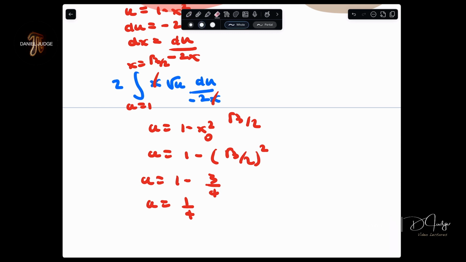So my upper limit now, in terms of u, is u is 1/4. So that integral becomes negative. And maybe I'll put it in red, because don't forget the negative sign. Negative u to the 1/2 du, where u is 1 to 1/4.